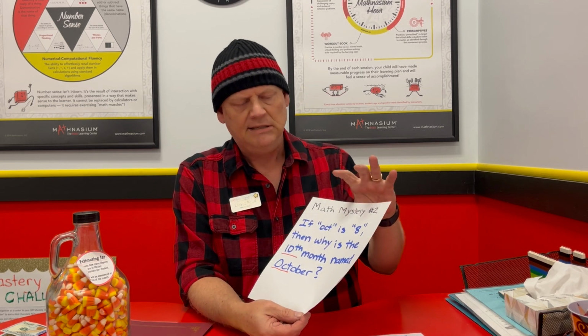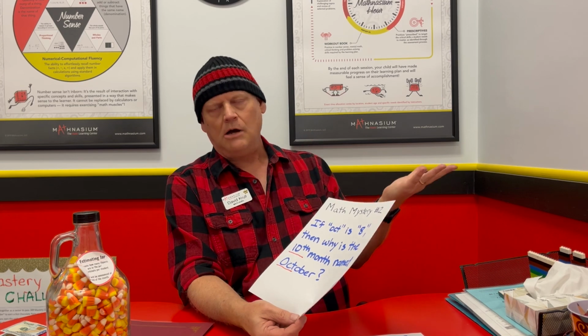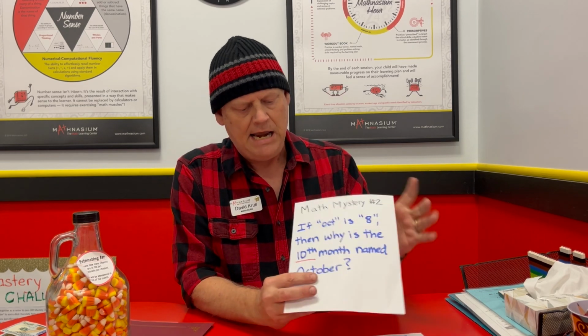It's not really math other than naming names for numbers. So the question is, we're just finishing October. Oct means 8. Octopus, octagon, that always means 8. Why is it the 10th month? And then September, sept is 7, comes right before 8, obviously, but September is the 9th month.